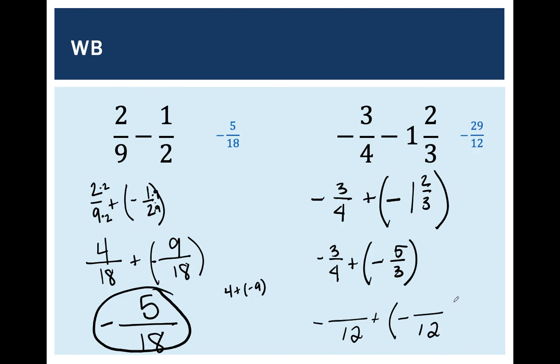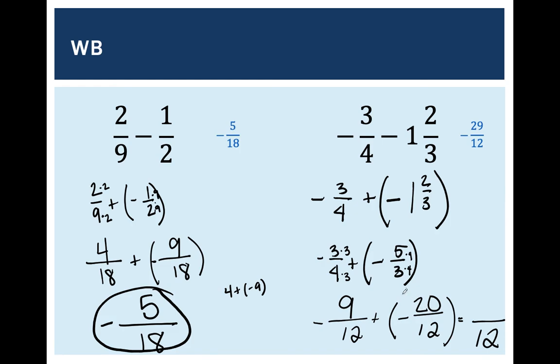We are probably going to run out of space, but we'll do our best. So to get 4 to turn into a denominator of 12, we need to multiply by 3. So then we also need to multiply our numerator by 3. And then for our second fraction, we will multiply these by 4. And again, we know our final answer will have a denominator of 12.